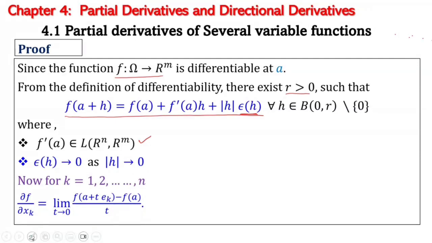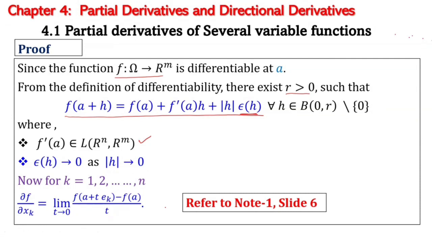Now we already formulated in the previous lecture that the partial derivative with respect to a variable xk can be written in this form. So we are going to use this to prove our theorem.